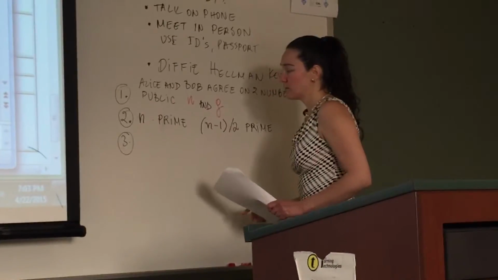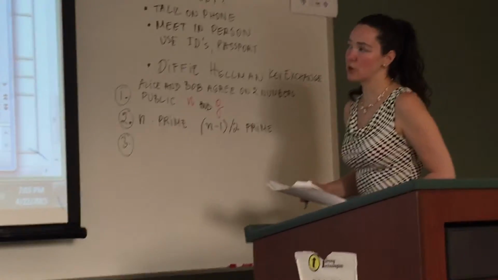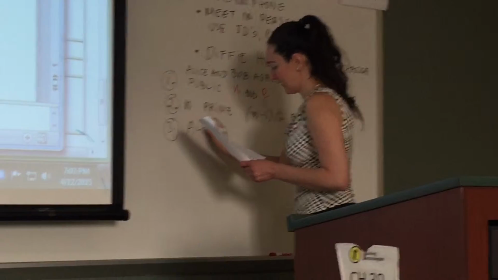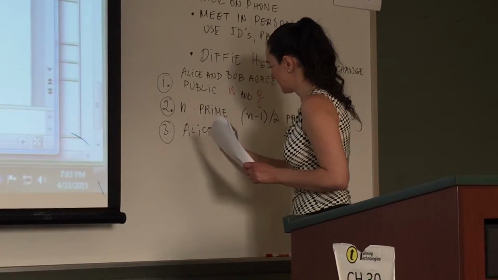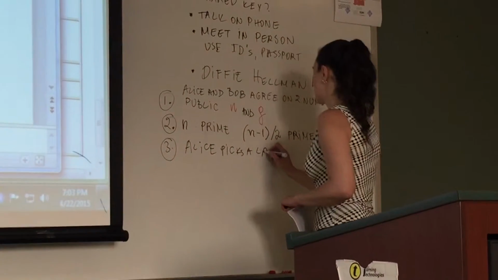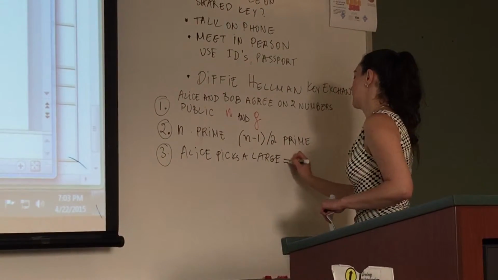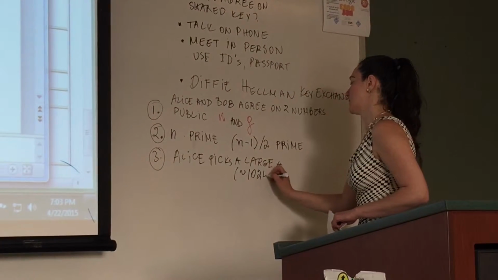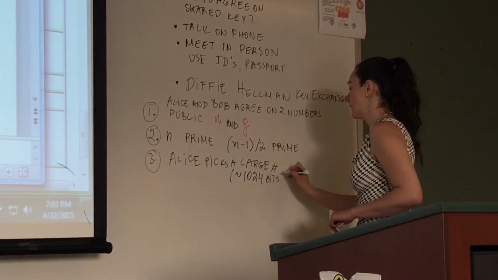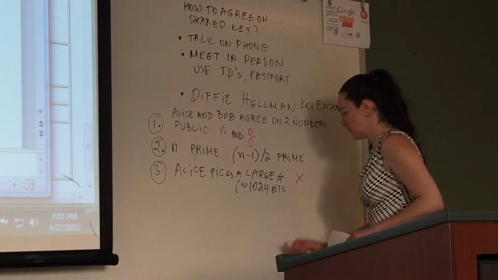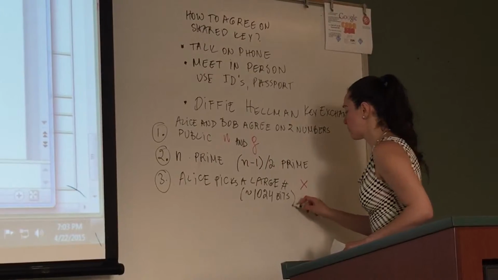Next, we have another two numbers which are private, X and Y. So Alice picks a large number. Large means at least 1024 bits. And this number is called X, and this number is private.